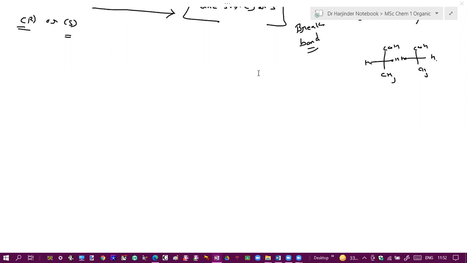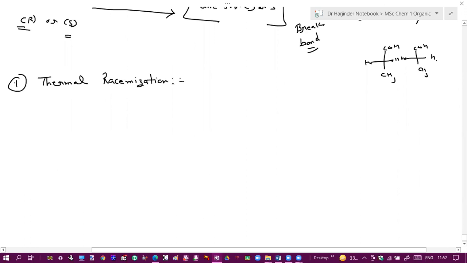So let us begin with the very first one, that is thermal racemization. So what will be done in case of thermal racemization?